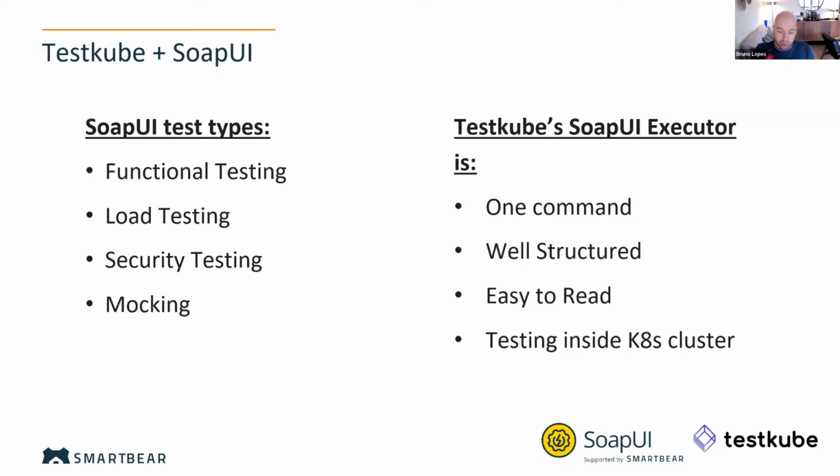Yeah, exactly. So the tester should focus only on using SoapUI. You use the UI of SoapUI and you do your tests as you normally do. You save them, for example, in your Git repository, and then you should not worry about how to automate that, how to run them in the cluster. So you should just focus on what's important, which is the tests themselves, not the automation or how they should be run. Great.